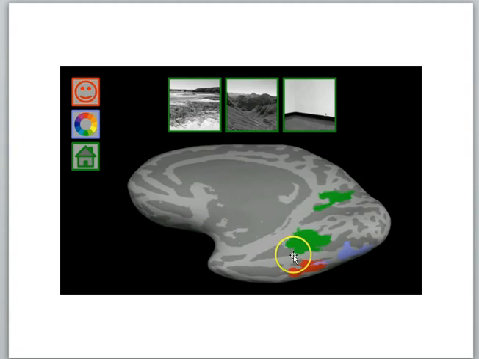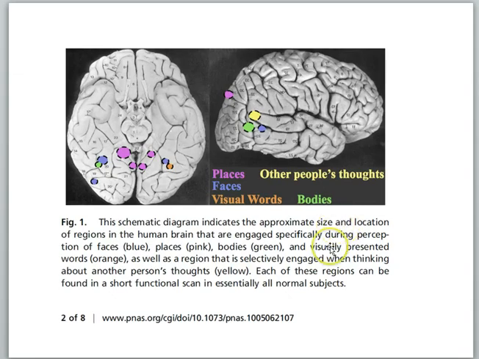So we have the face area, and this, by the way, is an inflated view of the brain, right? We have regions that process color and scenes in the green here, and there's a whole bunch of different little bits, places in the pink, the faces in the blue, visual words. Notice that's fusiform, but in the left hemisphere.